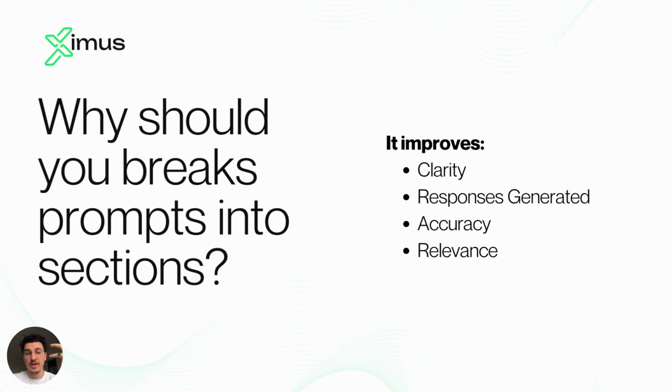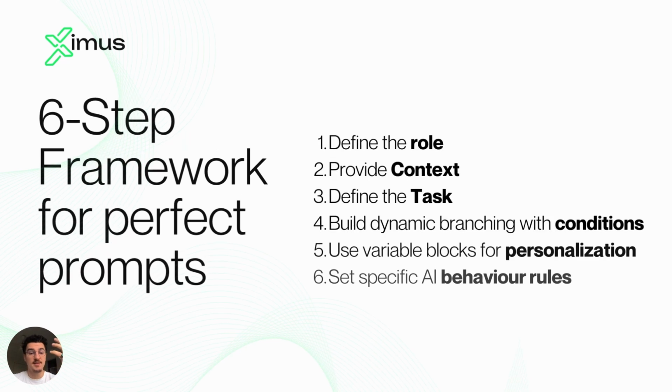And to break your prompts into sections that actually work and that actually improve your output from the AI, there is a 6-step framework for perfect prompts, which is first, define the role of the AI, then provide context for the AI, define the task, then build dynamic branching with conditions, use variable blocks for personalization, and set specific AI behaviors. And in a second, we're going to do a deep dive into each of these sections.